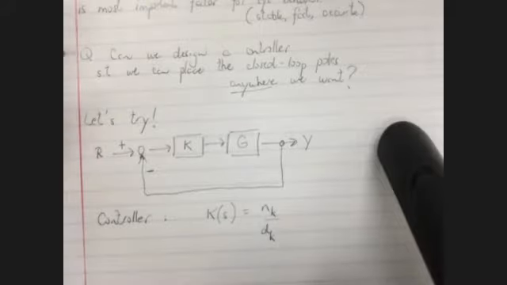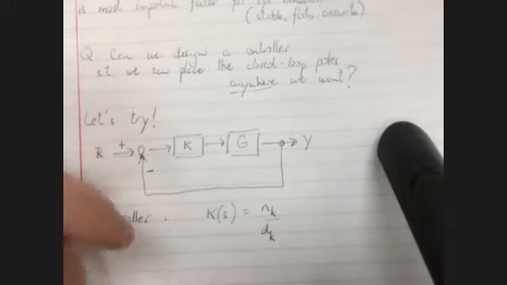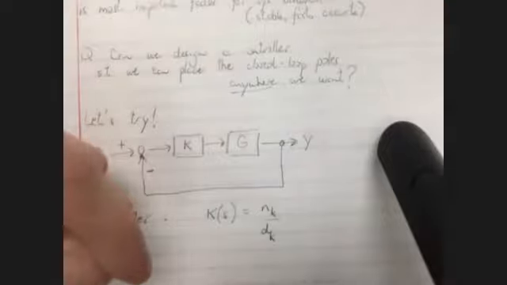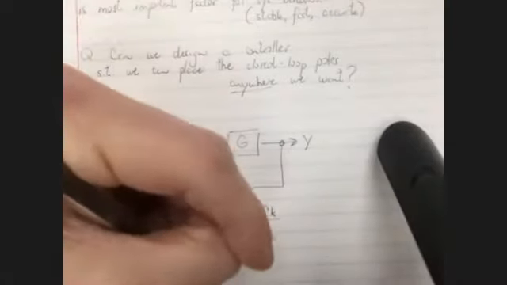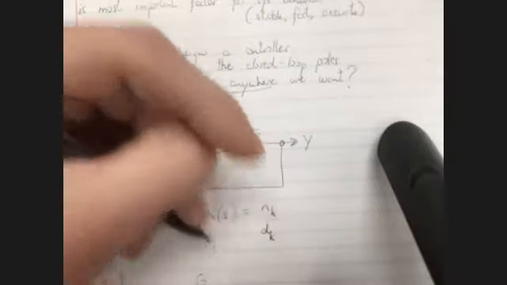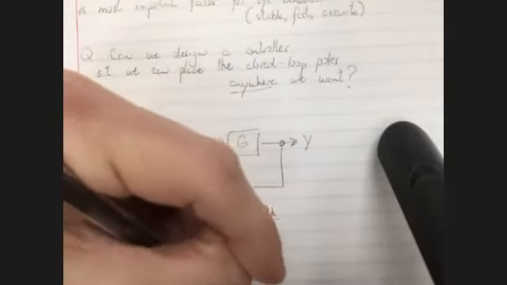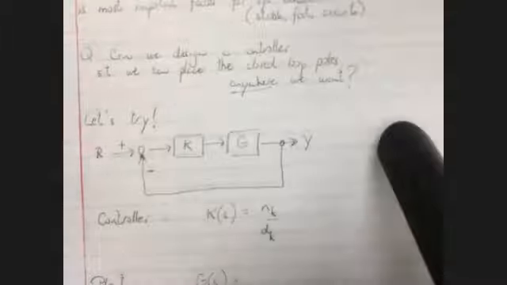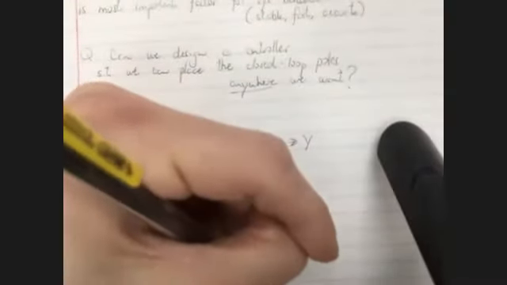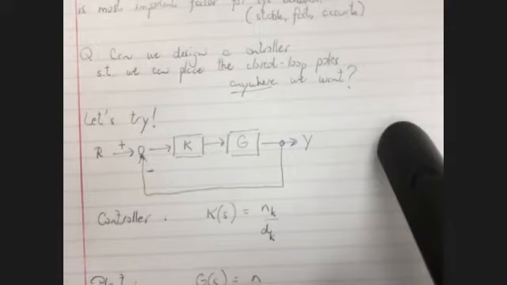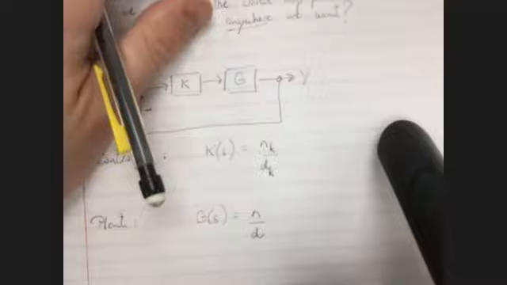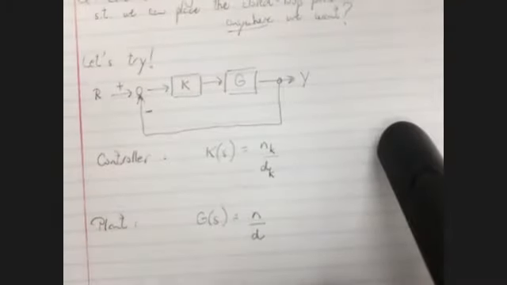NK over DK, that's my controller. And then my plant, let's call that G of S. It also has a numerator and denominator, so let's call it N over D. So there we go.